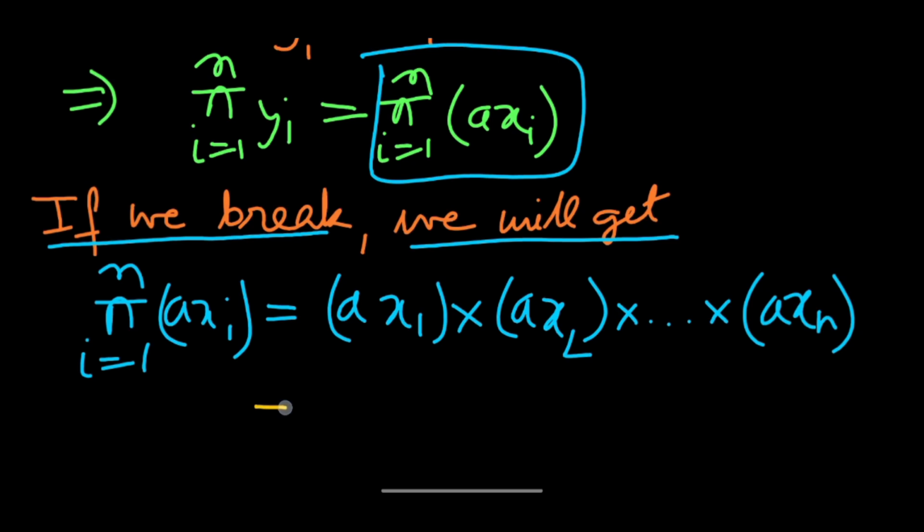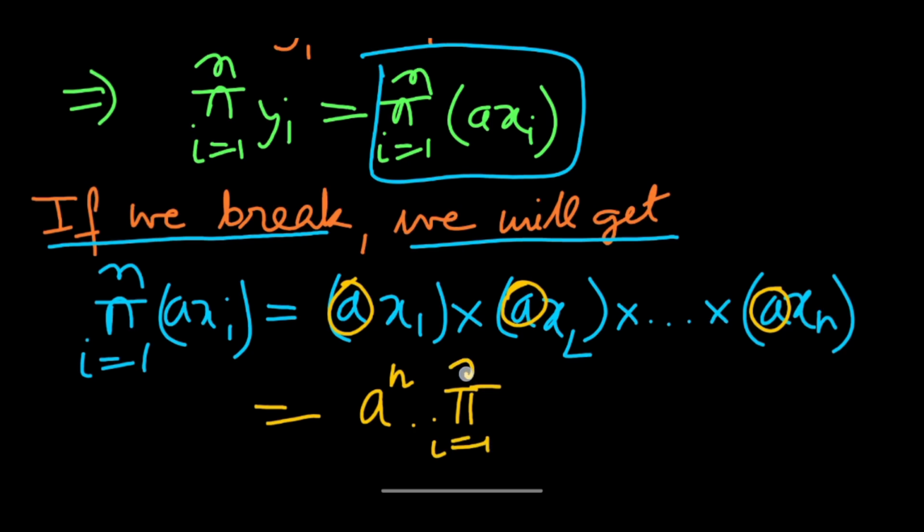Now in the next step, we will take all the a's together, which will give us a to the power n times, and now we take all the x together in product form, which will give us pi xi.